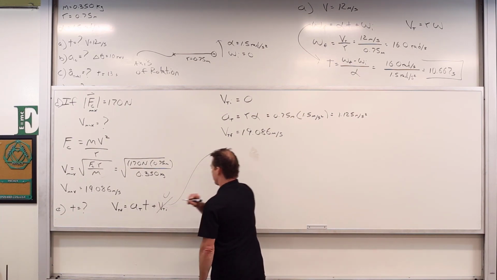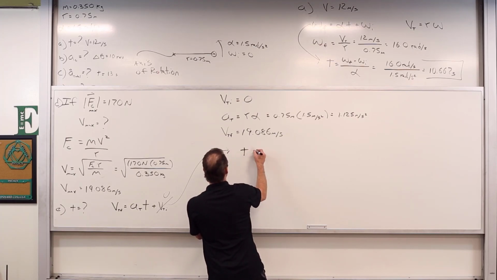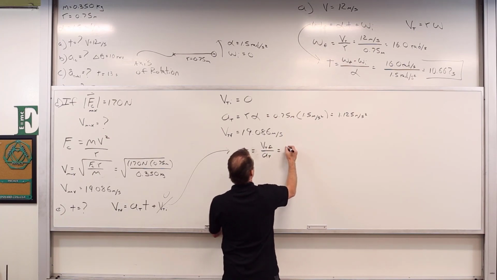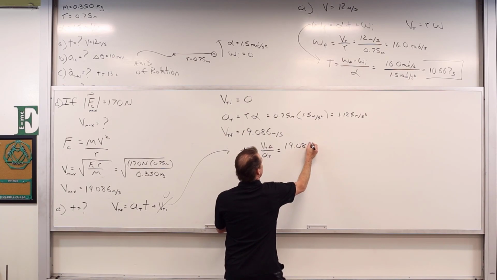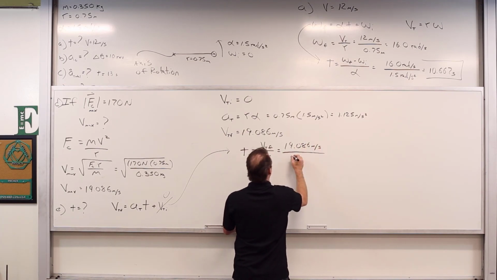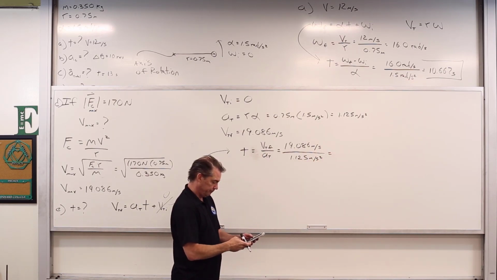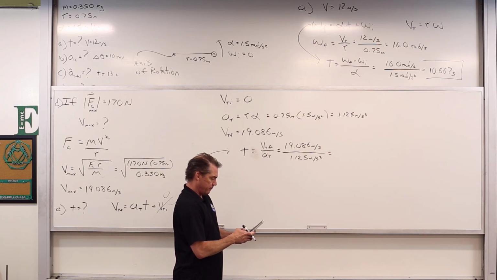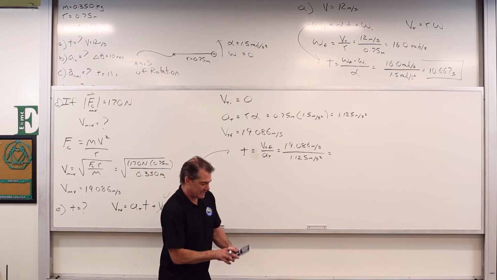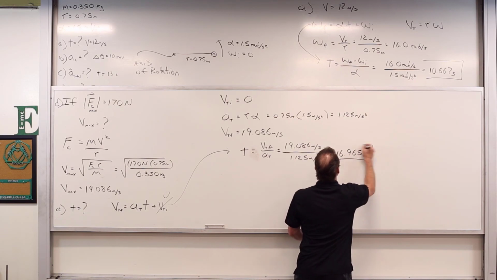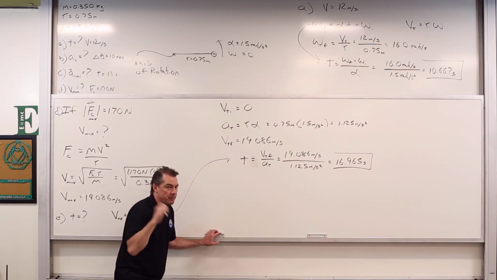The initial term is 0, and the time at which that occurs is the tangential final divided by a sub t, which is 19.086 meters per second divided by 1.125 meters per second squared. That gives 16.965 seconds.